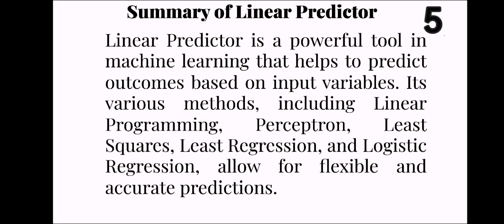So, the summary of linear predictor: it is a powerful tool in machine learning that helps to predict outcomes based on input variables. Its various methods, including linear programming, perceptron, least squares, least squares regression, and logistic regression, allow for flexible and accurate predictions.